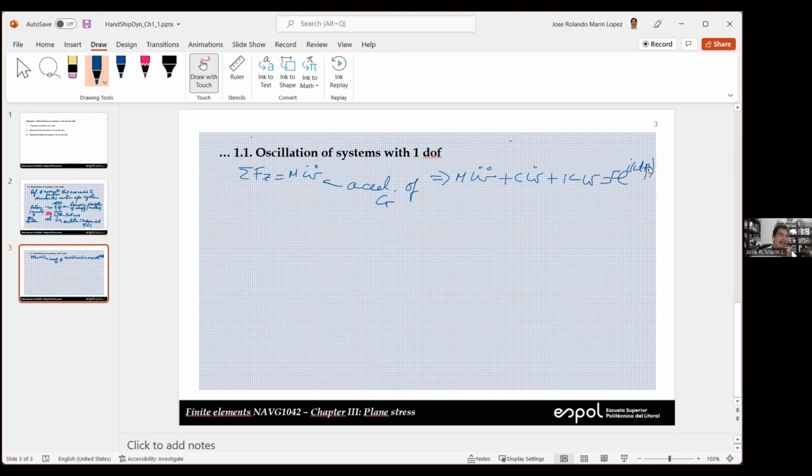In ship dynamics, it's very interesting because usually we start by taking as a reference the level of the surface. But the level of the surface has to be transformed into excitation force, which is going to be acting on the system. So there can be a phase shift, a beta, between the force and the surface elevation.